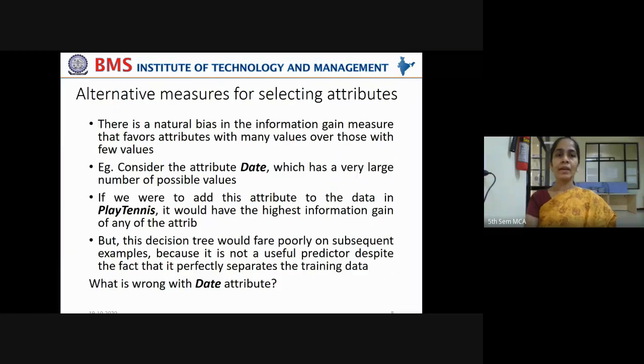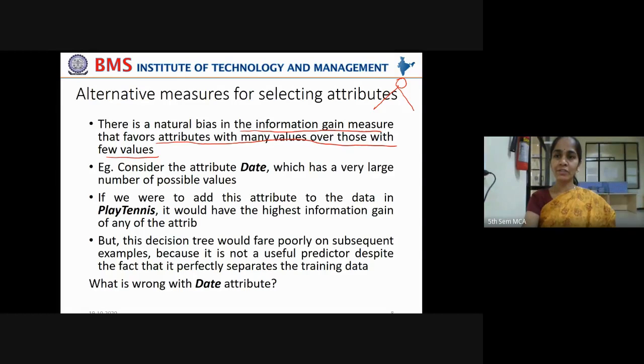Now, what are the other measures for selecting the attributes? Let us see alternative measures for selecting the attributes. There is a natural bias in the information gain measure that favors attributes with many values over those with few values. So when you are calculating the information gain, what is the bias there? Where you have a large number of training examples obtained onto the leaf nodes. You remember the decision tree in the previous class?